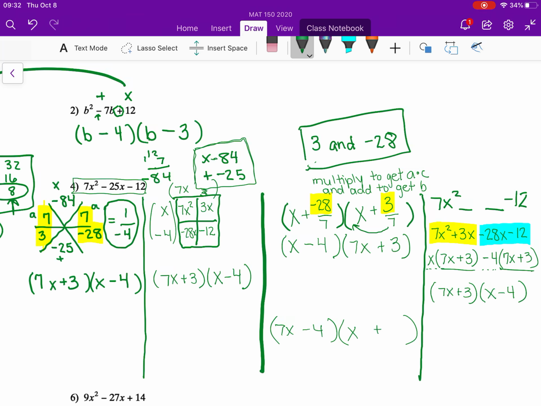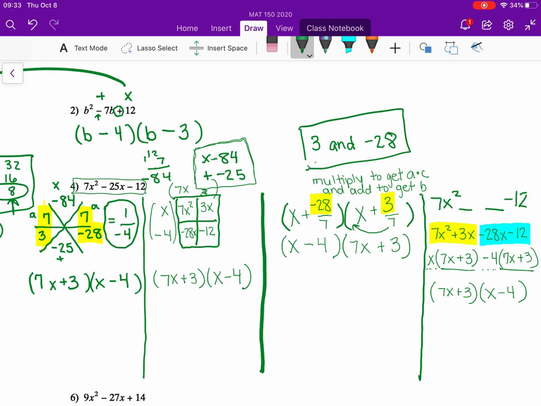Well, let's see, negative 4 and positive 3. All right, let me multiply that out and see if I get that back. Nope, I don't. Let me do it again and again and again. If that's your method, that is fine. Like I said earlier in this video, that's actually the only way that I knew existed for a long time. But sometimes it hurts your brain, especially when you have numbers that you're not sure about.